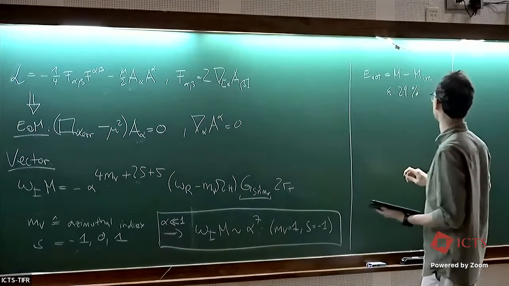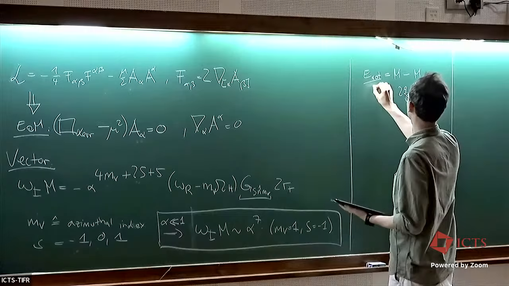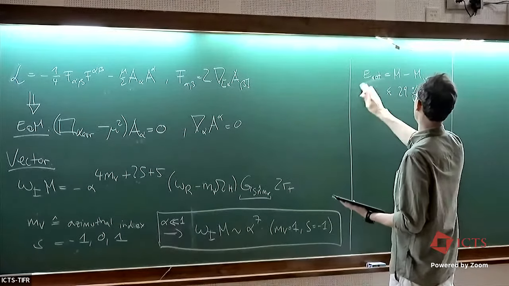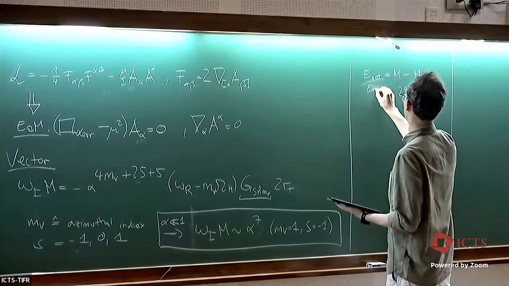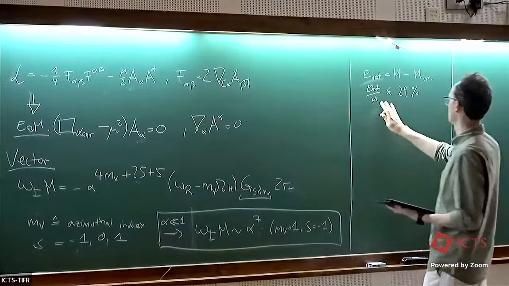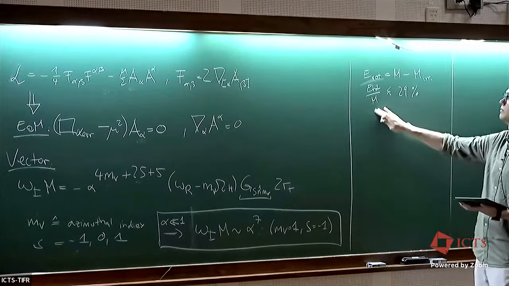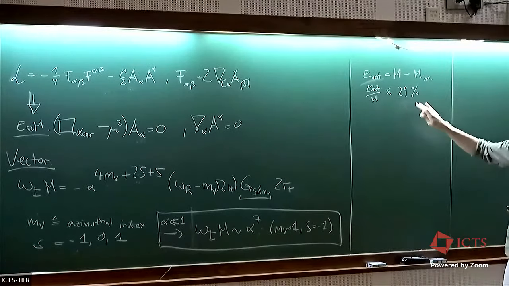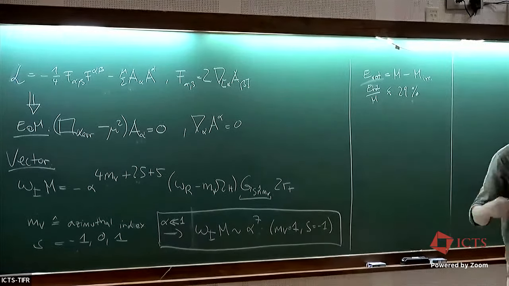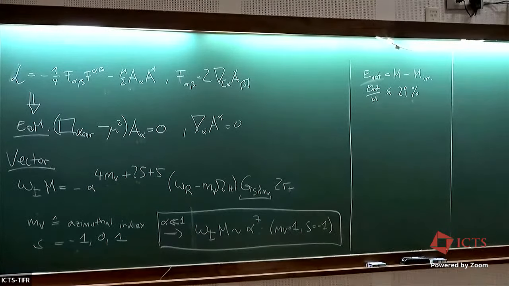Let me write it like this. Roughly 30% of a near extremal black hole is rotational energy, and in principle, that can be extracted from the black hole.